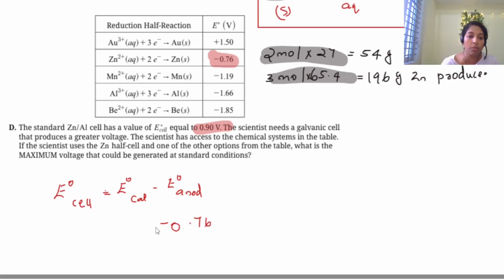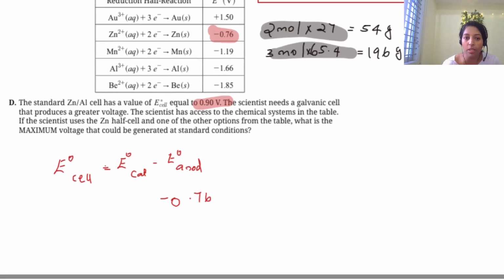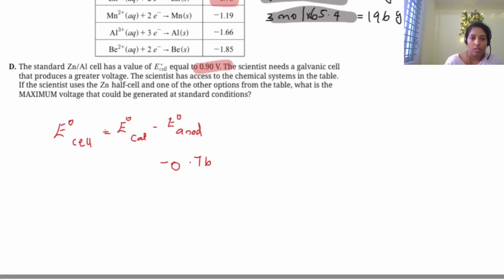So for a high E0 cell, you need a high difference in these values. Which value is very high, far away from minus 0.76? Yes, 1.50 is far away.